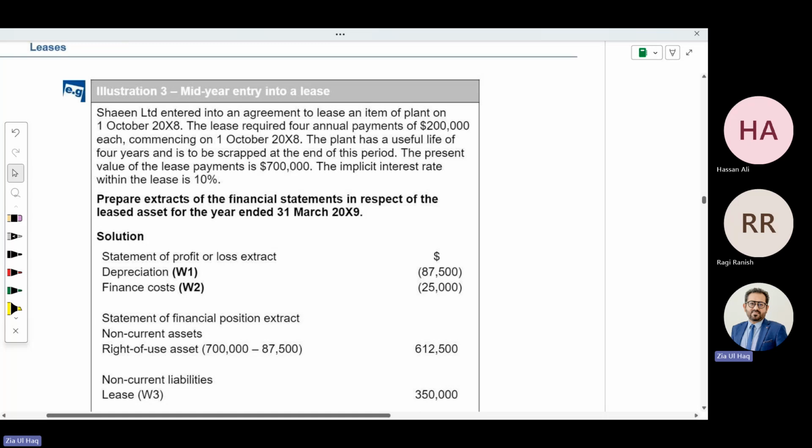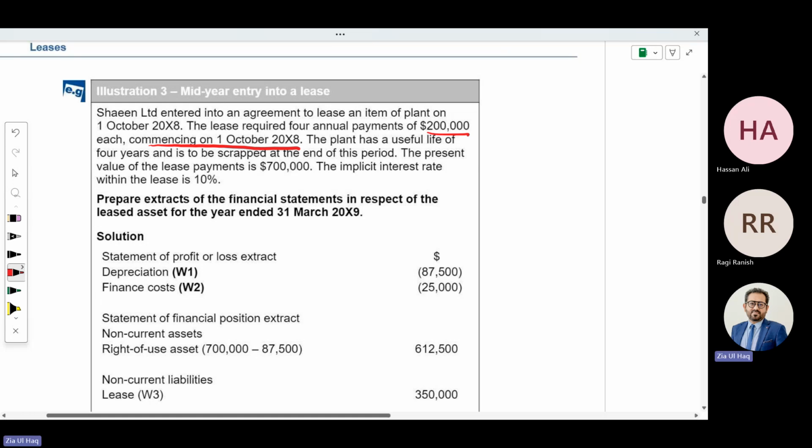Shaheen Limited entered into an agreement to lease an item of plant on 1st October 2008. When does the lease start? 1st October 2008. The lease required 4 annual payments of 200,000, a 4-year lease, each commencing on 1st October 2008.